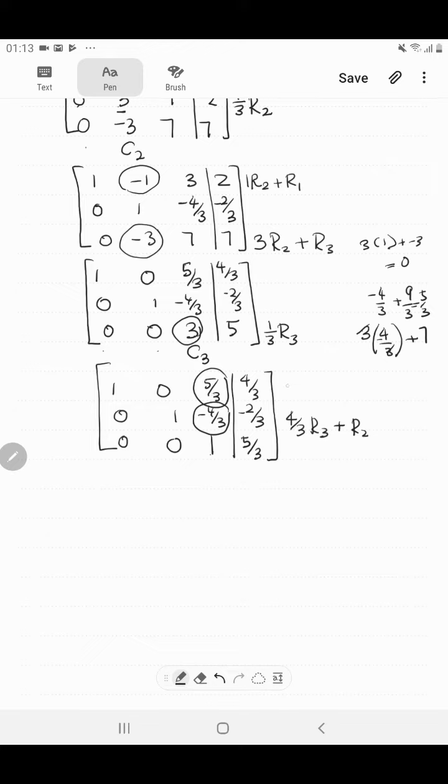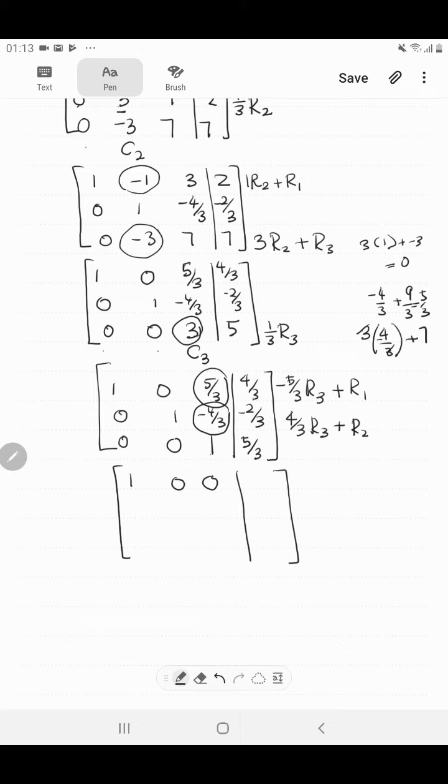For the first row, the countering number will be negative 5 over 3 of row 3, which you bring to row 1. So now the results will be 1, 0, and because you designed the operation to suit what you need for this element, then it should be 0.